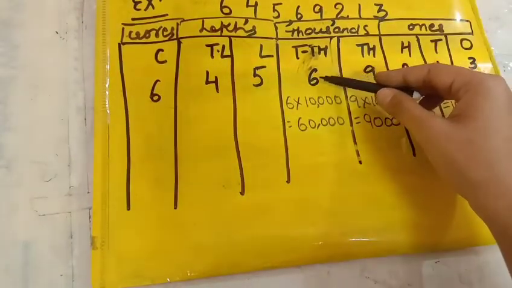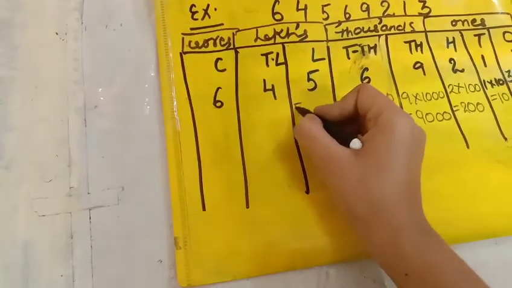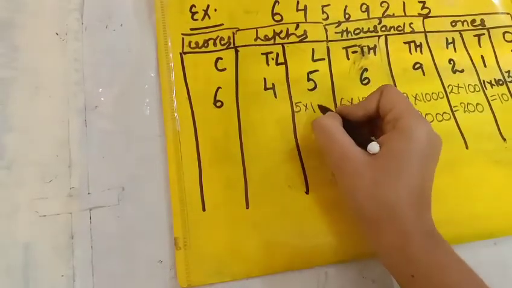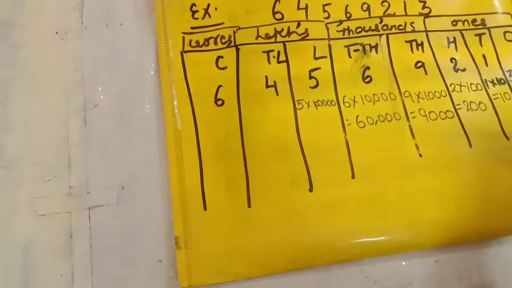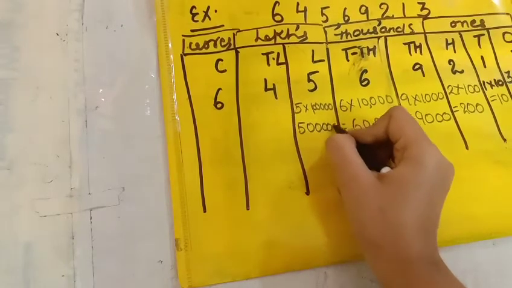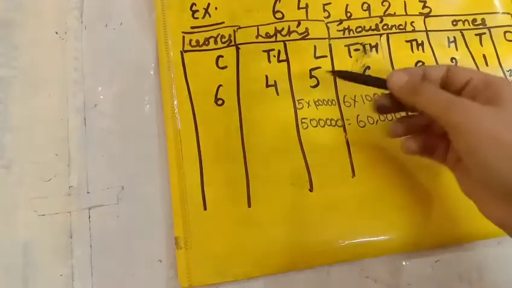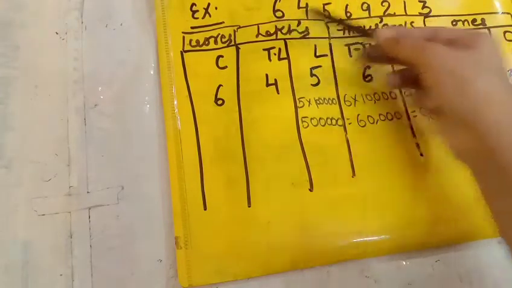Place value of digit 6 in this number is 60,000. 5 in lakh column, so 5 into 1 lakh, 1 2 3 4 5. So this is 5 lakh. So we can say that place value of 5 in this number is 5 lakh.